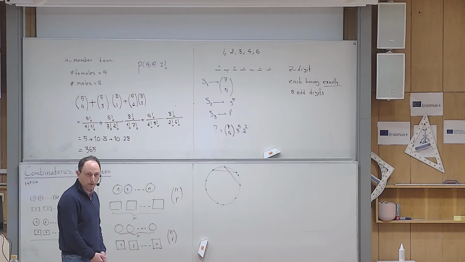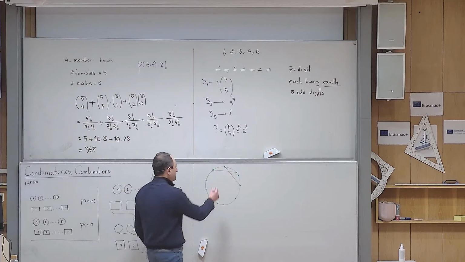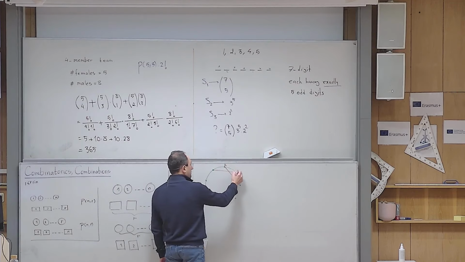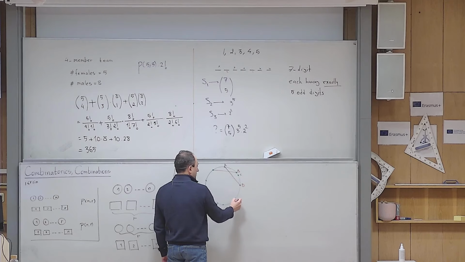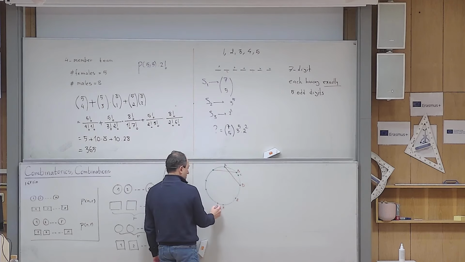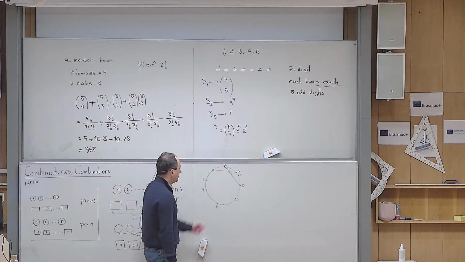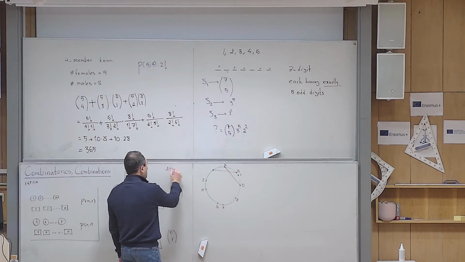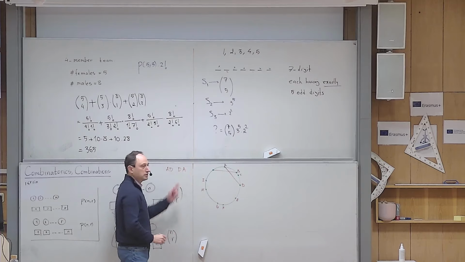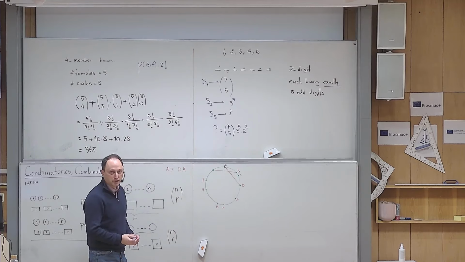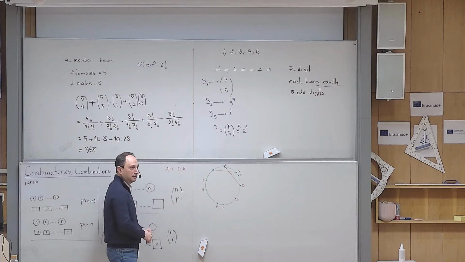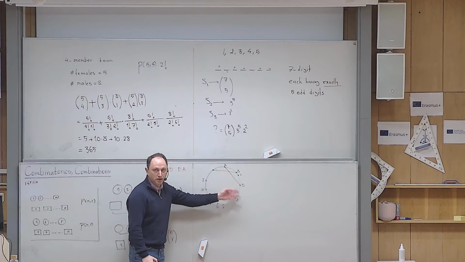It's a combination problem, yes, because if I give these names A, B, C, D, E, F, G, H, and I, the name of this line segment is AD or DA. I don't consider them 2 different line segments because AD and DA represent the same line segment.